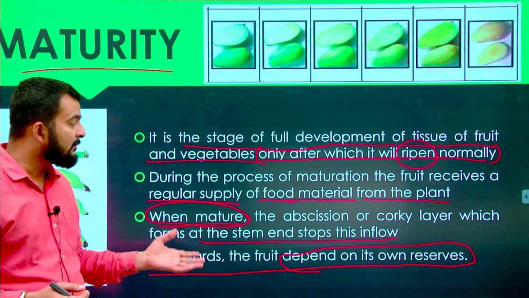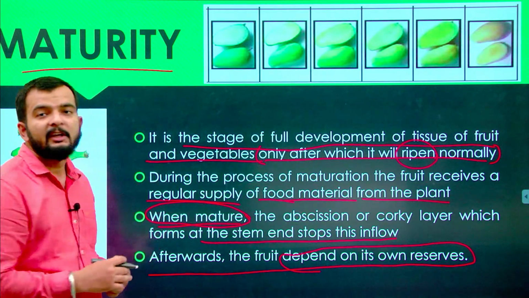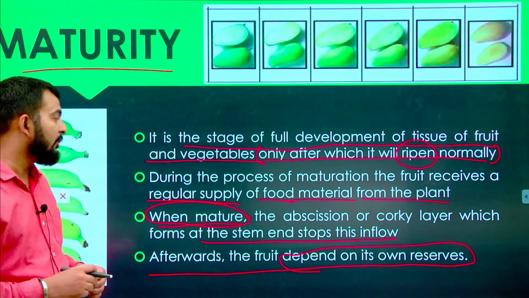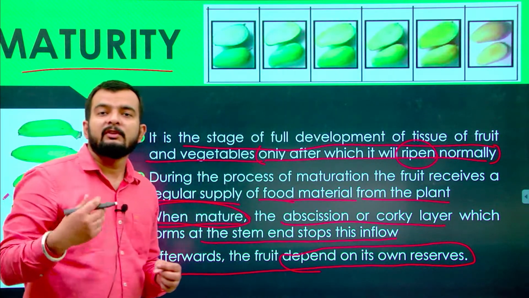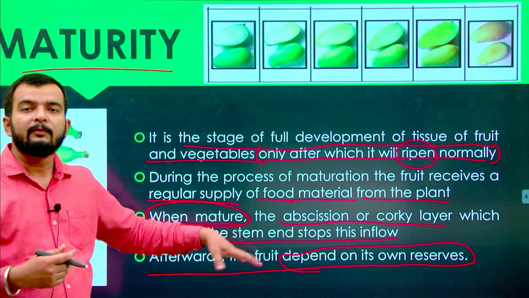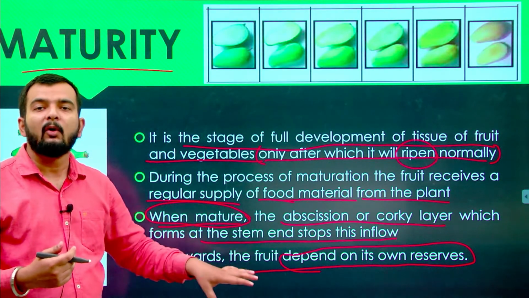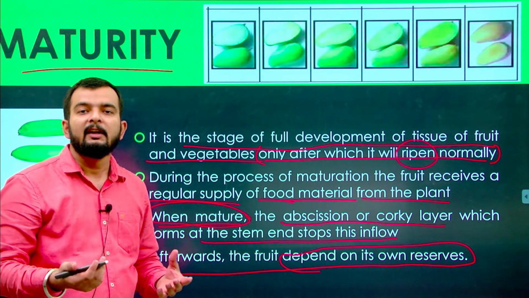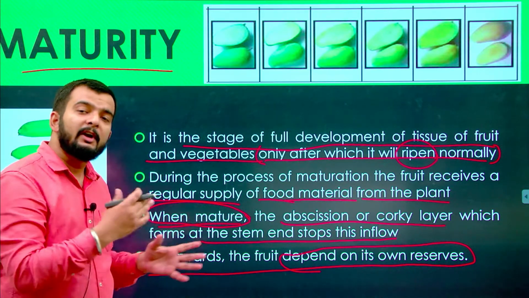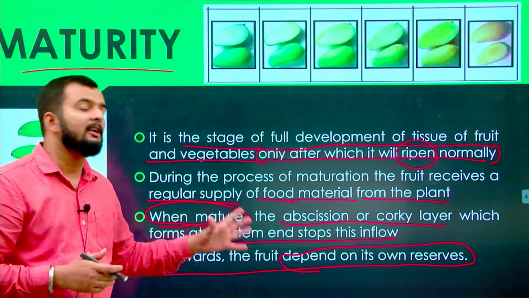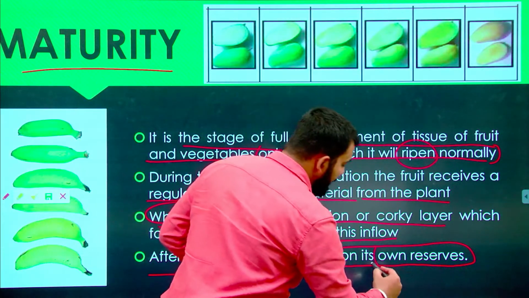Once it has achieved maturity, the corky layer or abscission is formed, so this will prevent further inflow. After that, the fruit is dependent on its own reserves for further development, if any is required, or for any further biochemical processes. Okay.